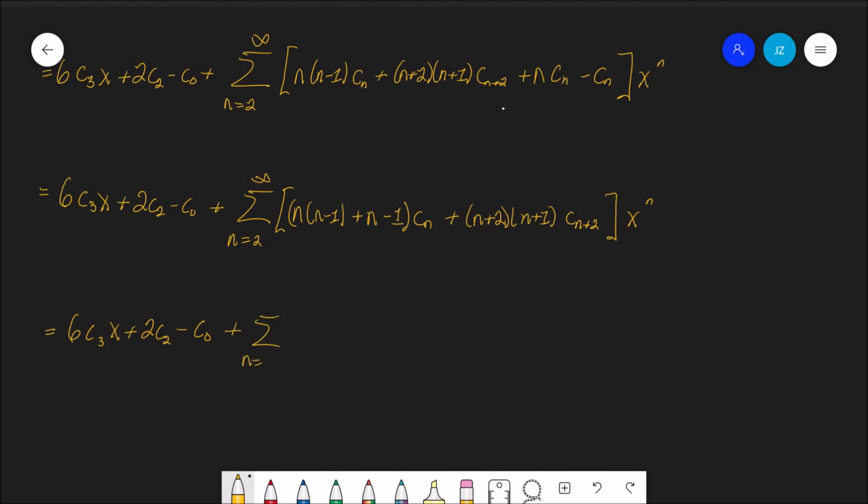Now summation n equals 2 to infinity. When you expand this out, we'll have n squared minus n plus n, which is 0, so it's n squared minus 1. So it becomes n plus 1 times n minus 1 c sub n plus n plus 2 times n plus 1 c sub n plus 2, all times x to the n. And this whole thing has to be 0.